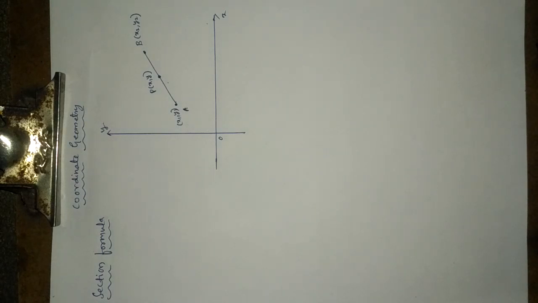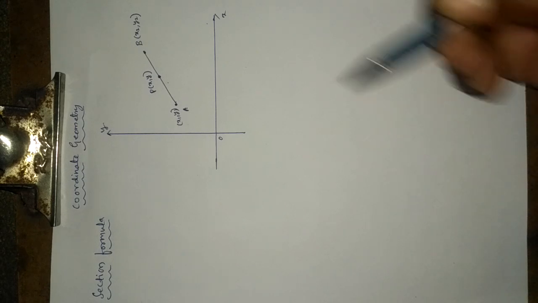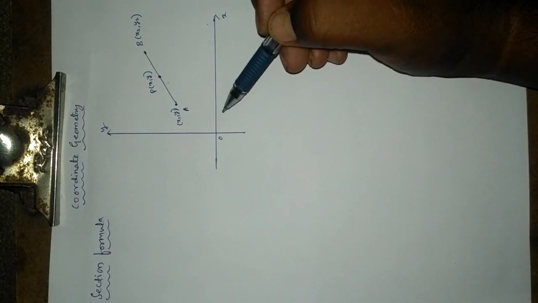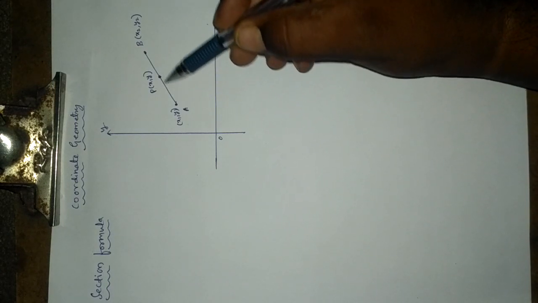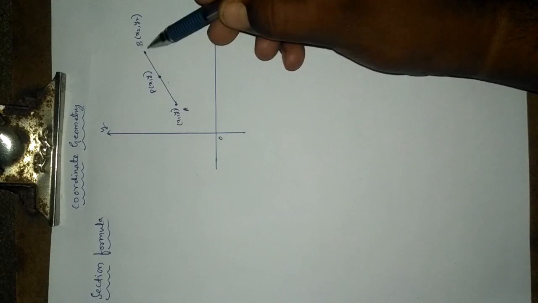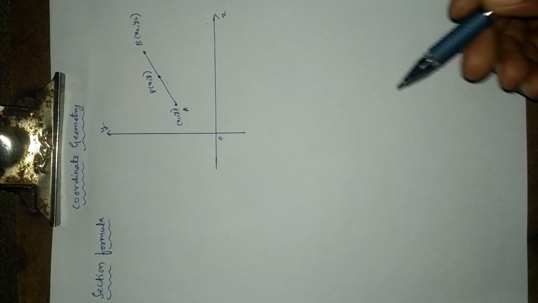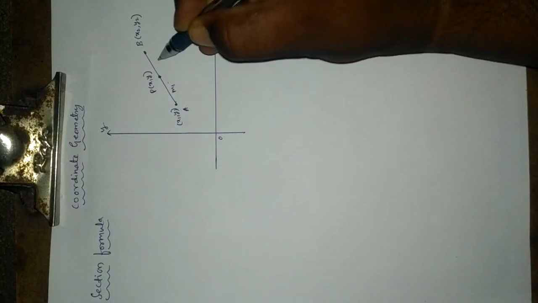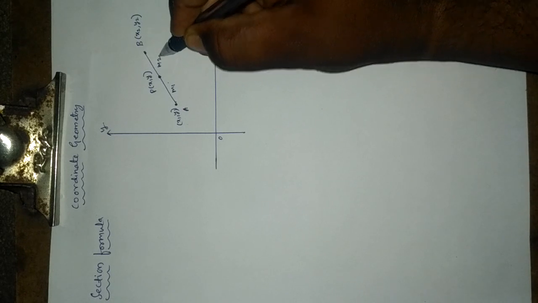Now, after assuming the coordinate of point P as x comma y, this point P is going to divide this line into two parts. The first part is AP and the second part is PB. I don't know in which ratio it is going to divide. So this part I am going to call M1. This part I am going to call M2.